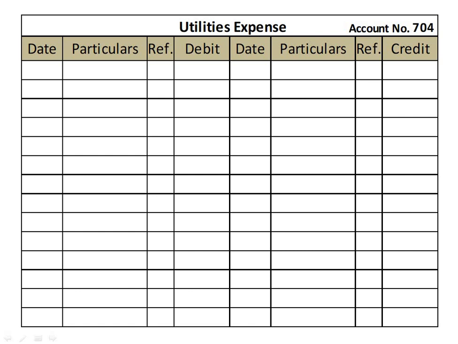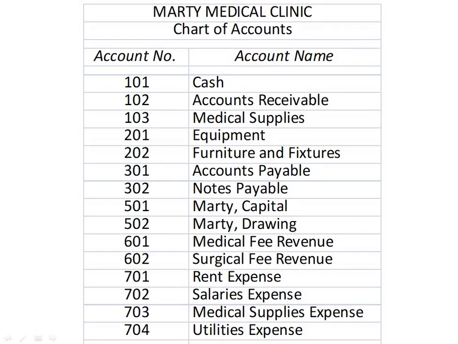Did you notice how the accounts are arranged in the General Ledger and chart of accounts? From assets to liabilities to the equity accounts of capital and drawing up to revenues and expenses. Current assets normally appear first before the non-current assets.